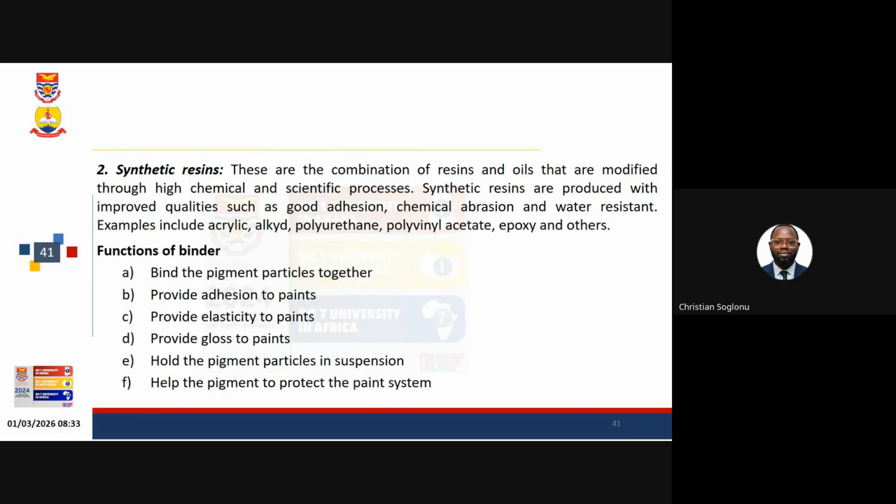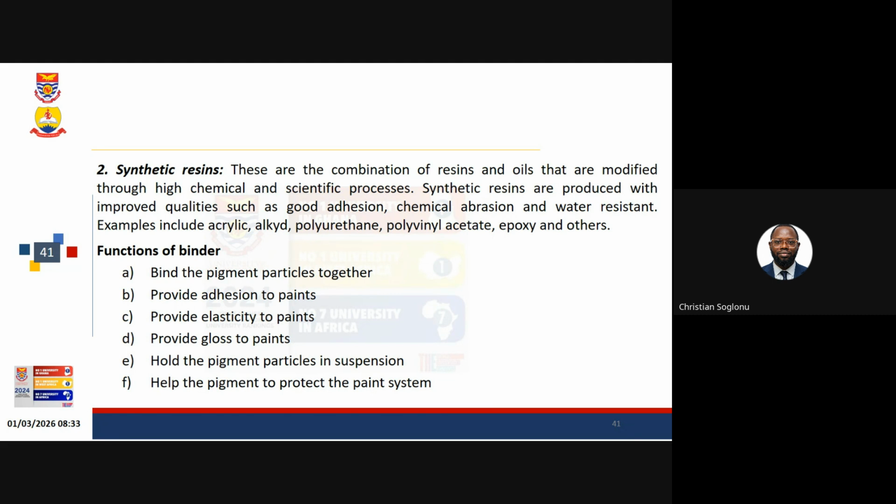So the functions of the binder: bind the pigment particles together, as I said before; provide adhesion to the paint; provide elasticity to the paint.